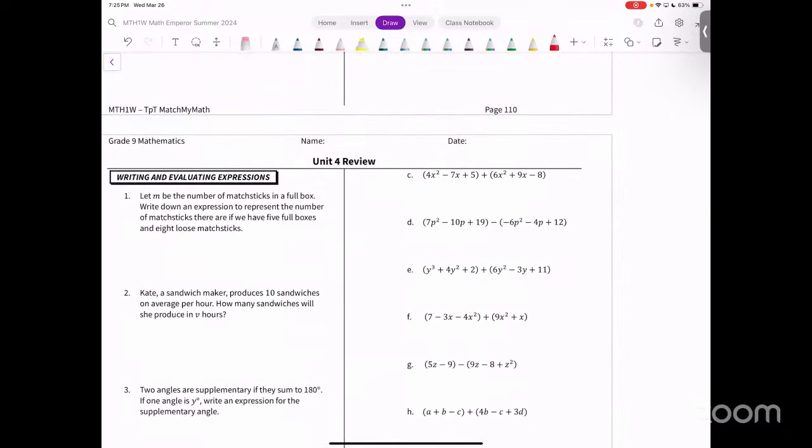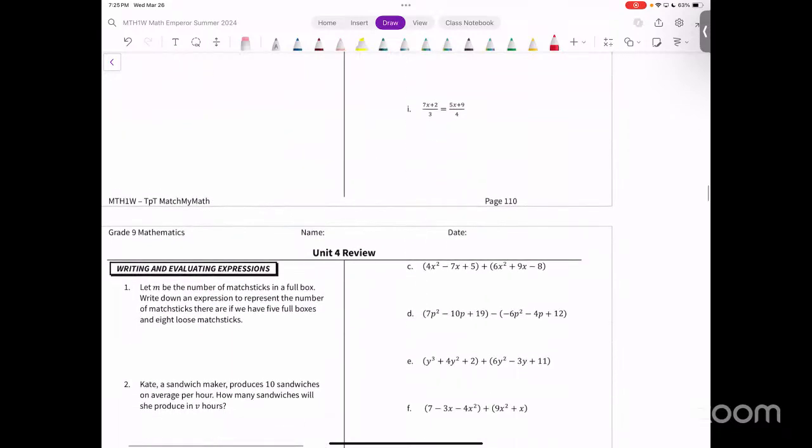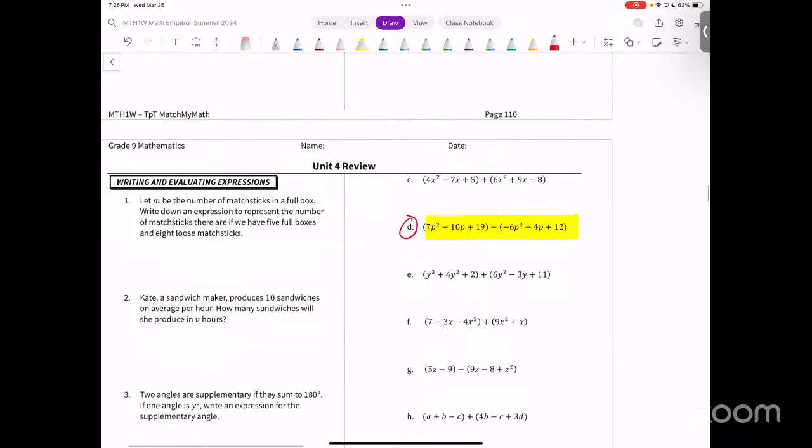Let's do the review. All right, we will come back. We're going to see how good you are at collecting like terms. Can you just do that, please? Simplify that expression by collecting like terms.